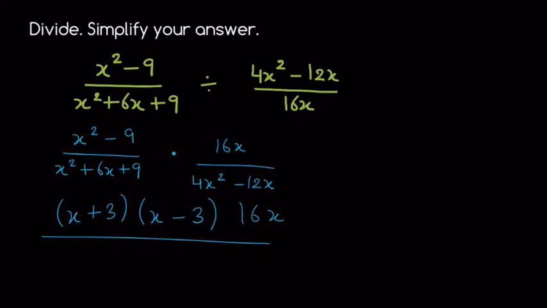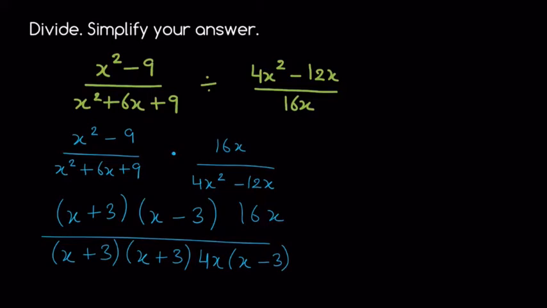Two factors of 9 that, when added, sum to 6 are 3 and 3. So x plus 3 and x plus 3. Joining it with the other rational expression denominator, 4x squared minus 12x, we have a common factor which is 4x, times x minus 3.